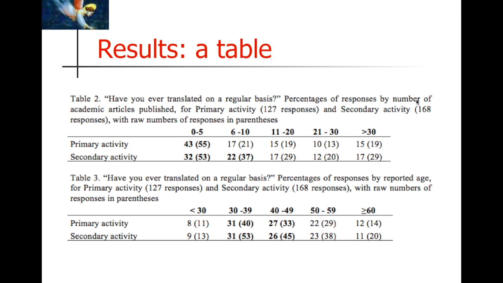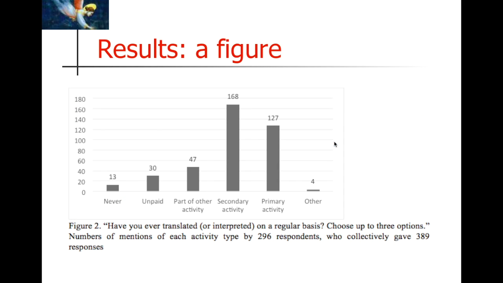So percentages of responses by numbers of academic articles published. So here's the numbers of academic articles. These are academics who worked as translators as a primary activity or secondary activity. Okay, so numbers are in tables, and if there's pictures, it's in figures.